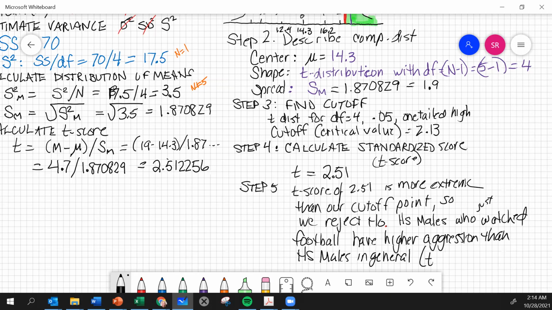And we would write our statistics, t, and then in parentheses, the degrees of freedom, 4, equals 2.51. And then we write the probability of getting that, and we just say the probability of getting that score by chance is less than 0.05, less than 5%. And that is the end of our problem.